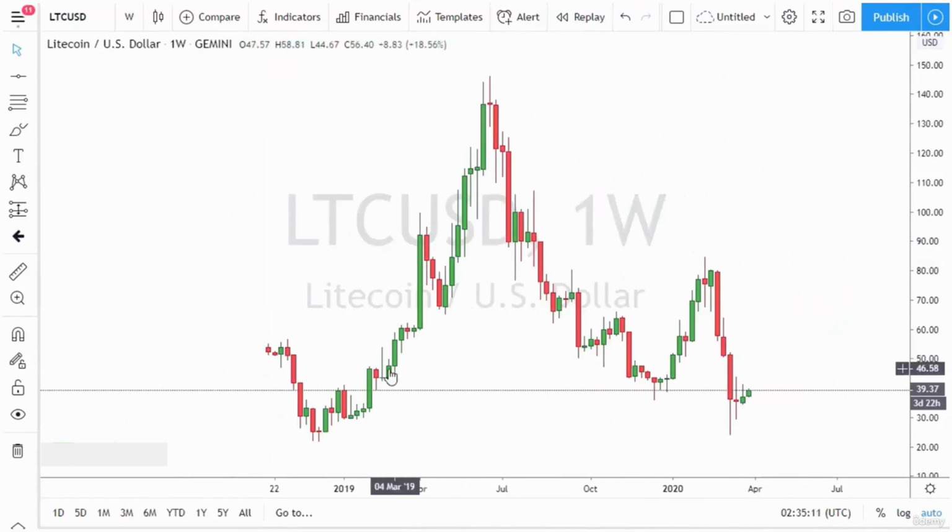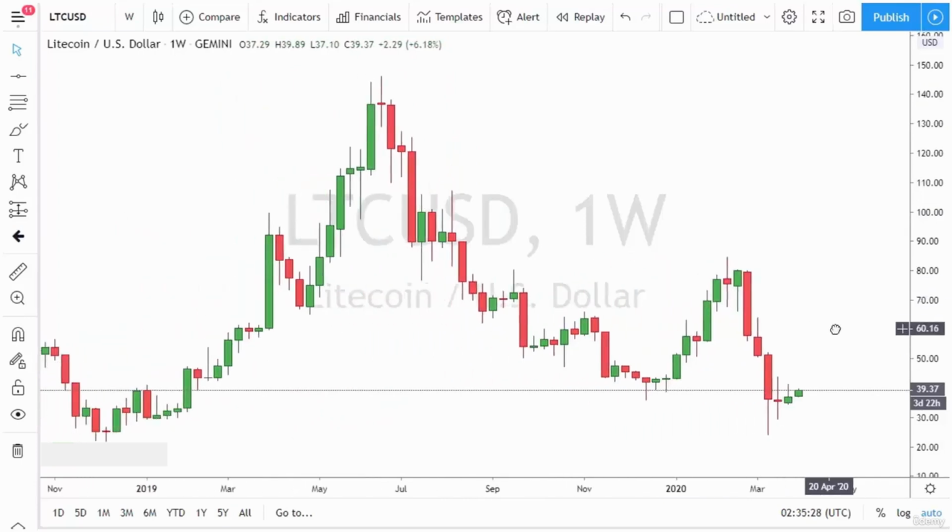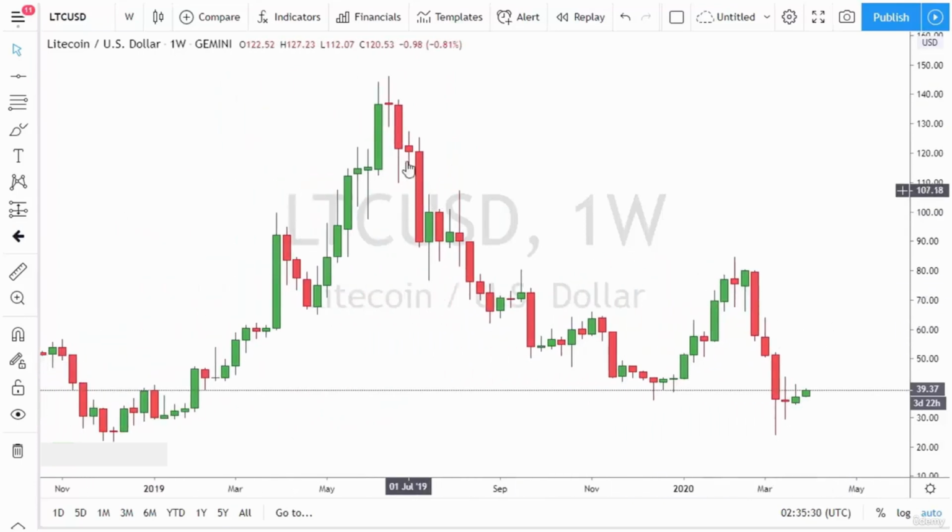Well, notice how there's a lot less information on this chart, and it's much easier to determine which direction the market is heading. Sellers are much more in control of Litecoin on the weekly chart. Yes, we had a bounce, but at the end of the day, you can see it was slight compared to what we had been seeing.